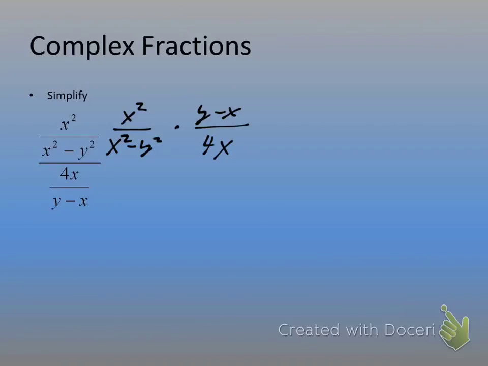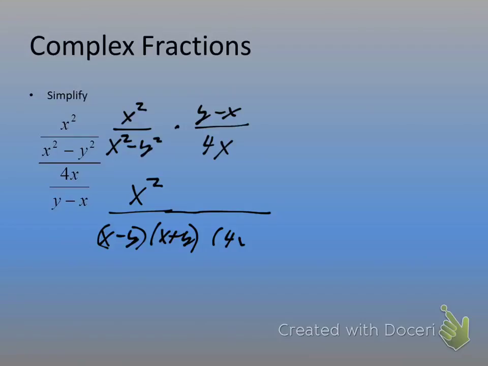Okay, so be careful here. Look at everything that factors. So you have x squared over a difference of squares with an x minus y times an x plus y, over, you have a 4x from the second one, and then notice how this has a y minus x and this numerator has an x minus y.